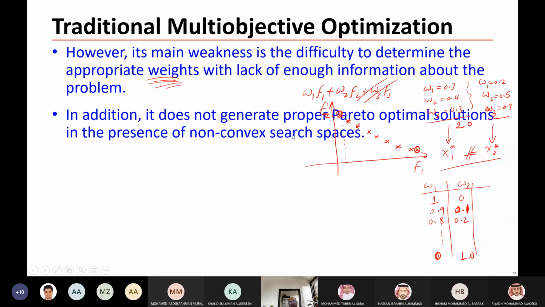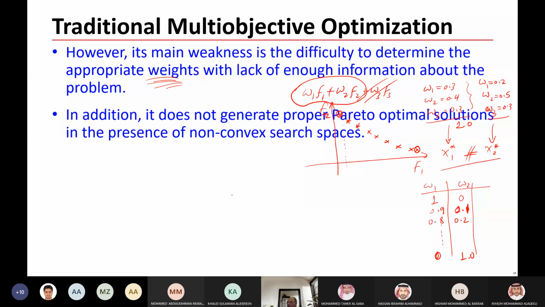In addition, it doesn't generate proper Pareto optimal solutions in the presence of non-convex search spaces. If you look at W1F1 plus W2F2, what does this represent as an equation? It represents a straight line equation.